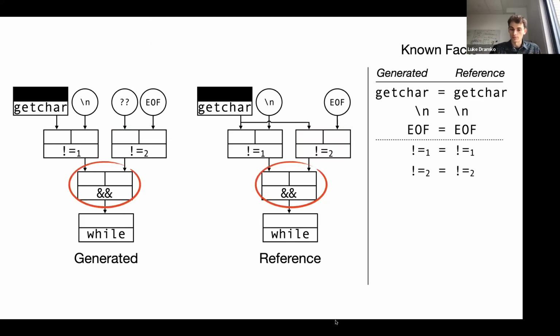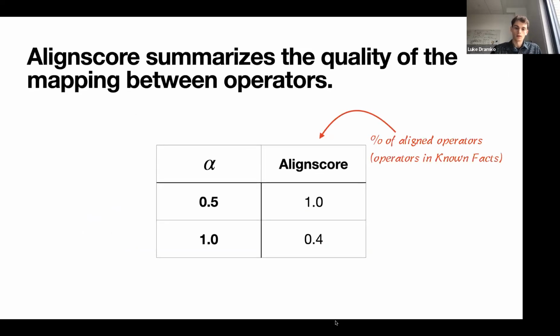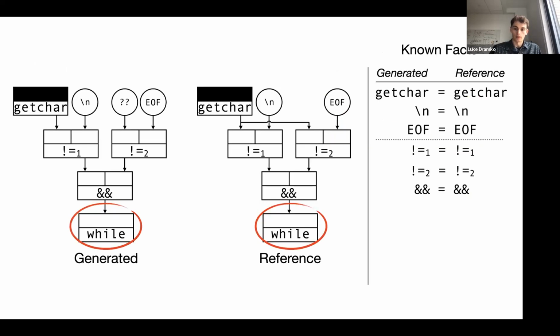So both of the arguments to the and function exist in our list of known facts. So we can add that, and then we can do the same thing for this while. Okay. So the immediate output here is a list of operators that map to each other.